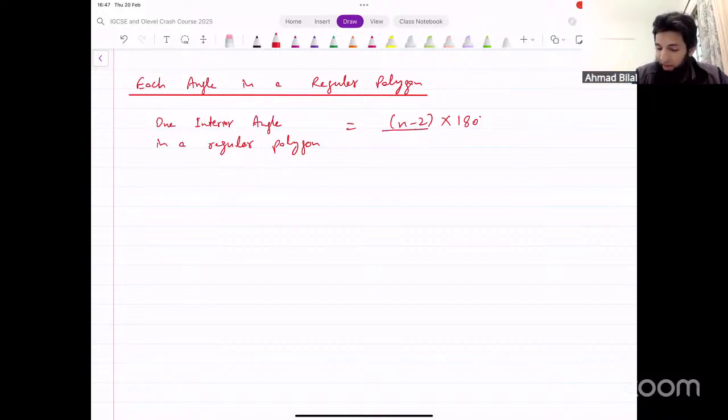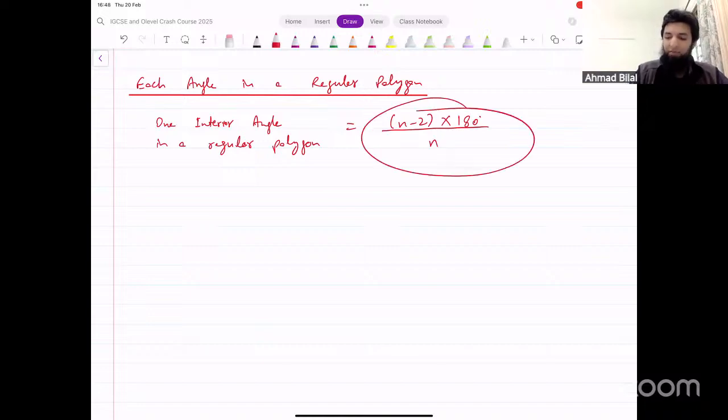You can just divide that by n, right? So if it's a pentagon, for instance, and the sum of all angles is 540, now there are 5 angles, you just divide that number by 5, and that will give you each particular angle in that polygon. All right. So for finding one interior angle in a regular polygon, you can use this formula: n minus 2 times 180 divided by n.